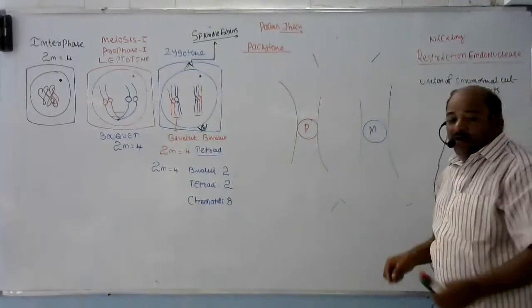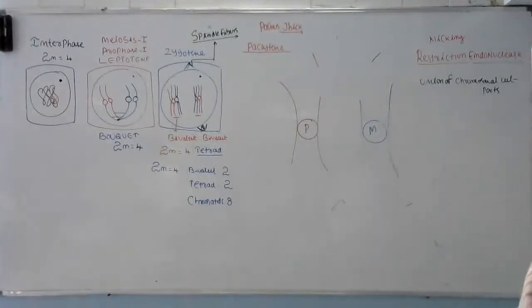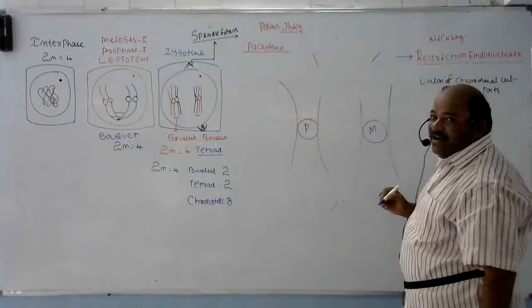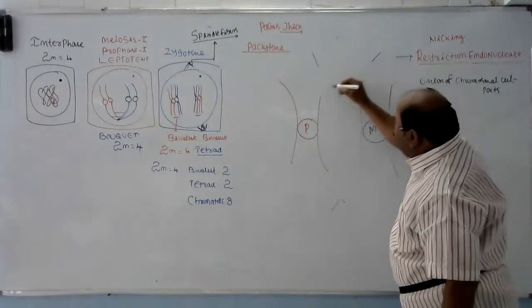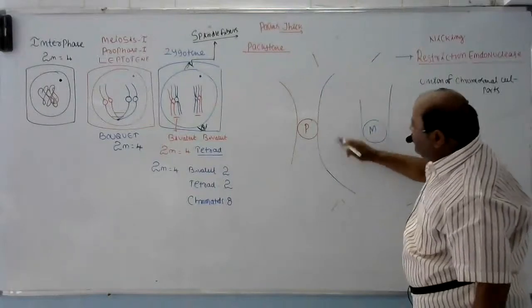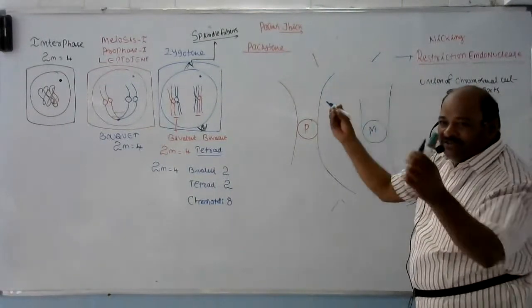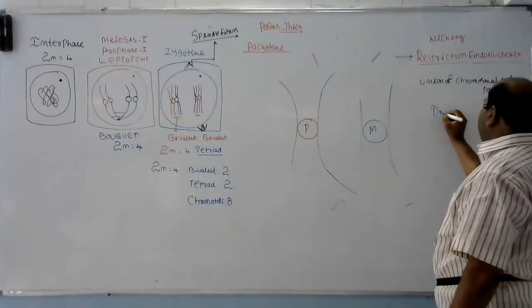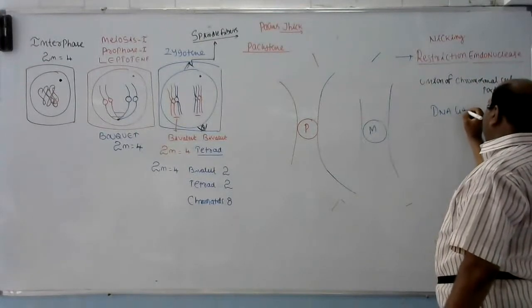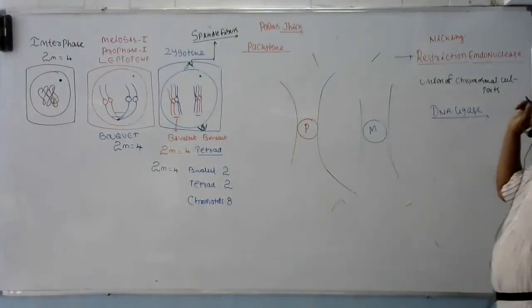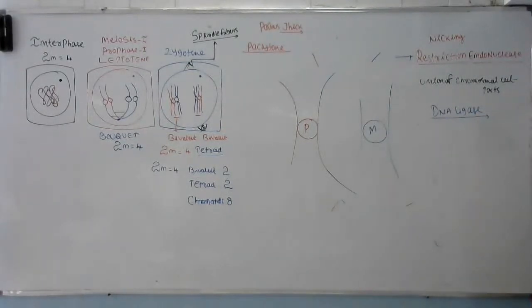Look at here. During this process, what happened? Now it is carried out by restriction endonuclease enzyme. Further, it is united to whom? Paternal chromosome. It is going to be joined by an enzyme. What is that enzyme? DNA ligase is the enzyme.